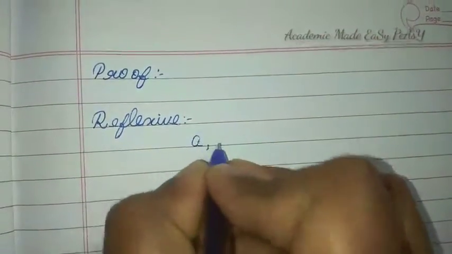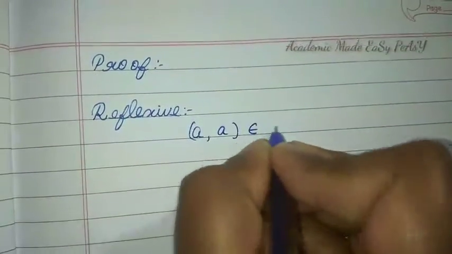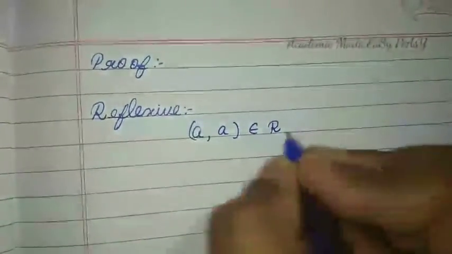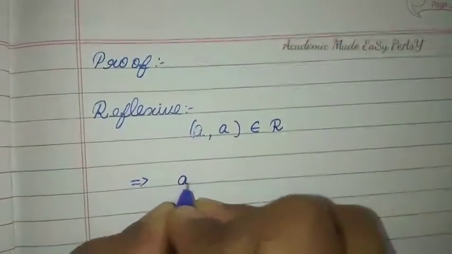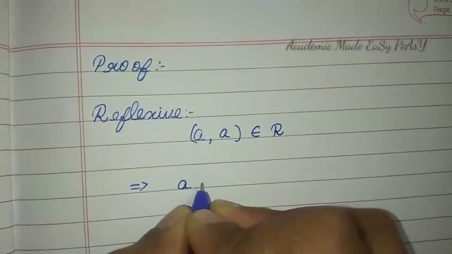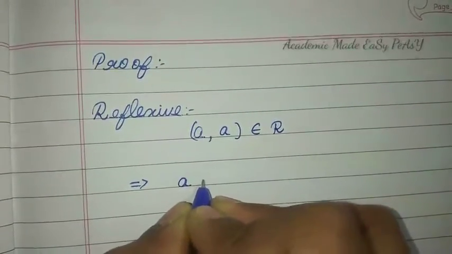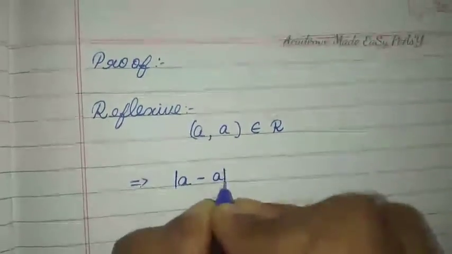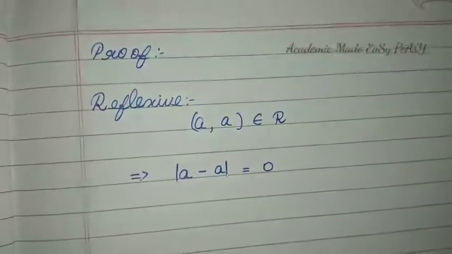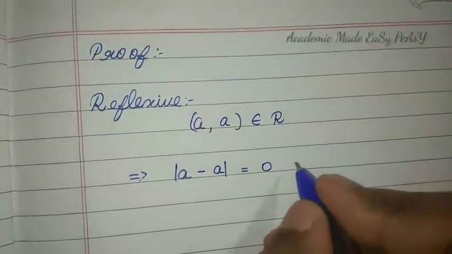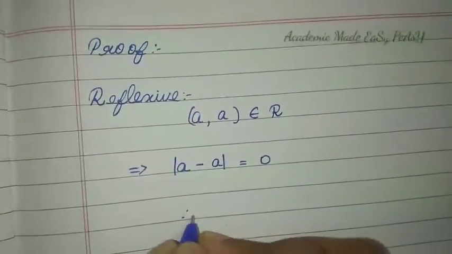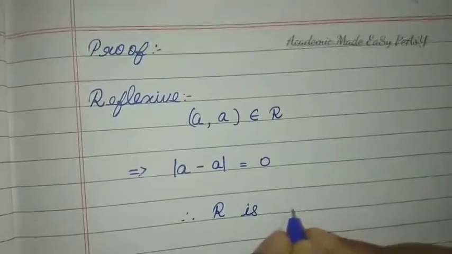So I am taking a belonging to A, and I am going to check now. The condition is |a - b| is even, isn't it? So a minus a gives me 0. 0 is an even number. So this condition is proved. Therefore, R is reflexive.